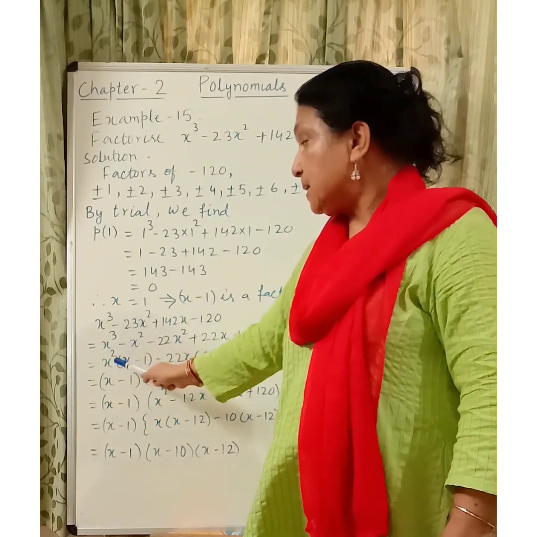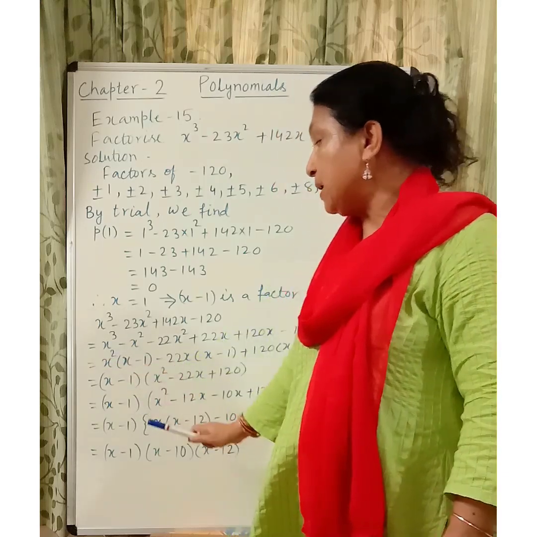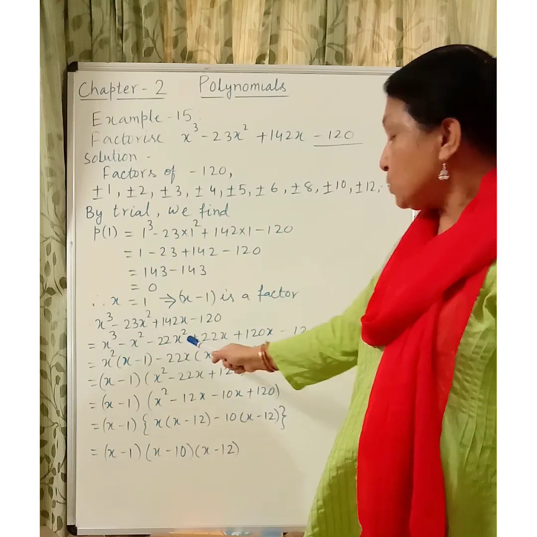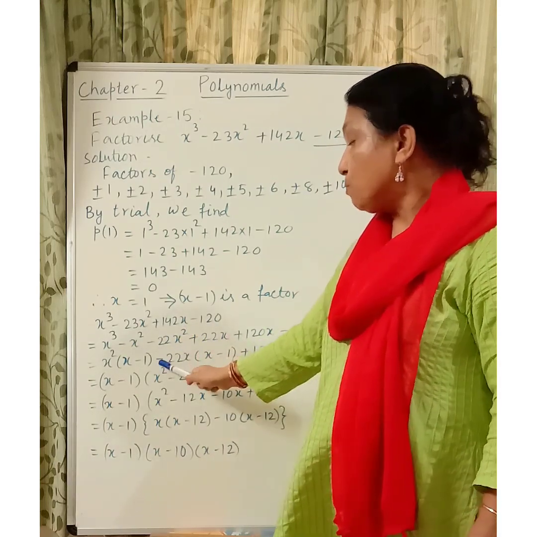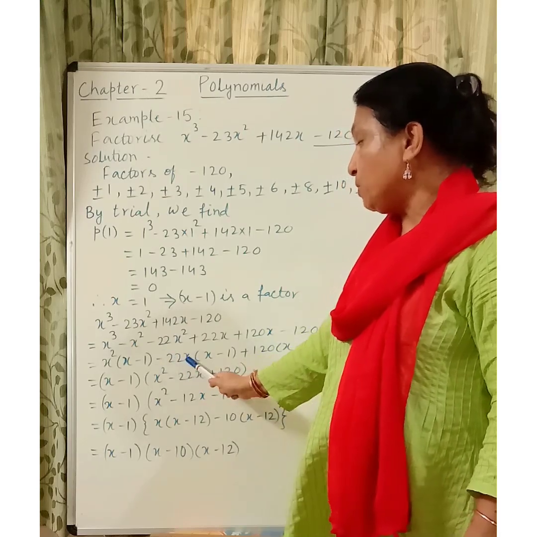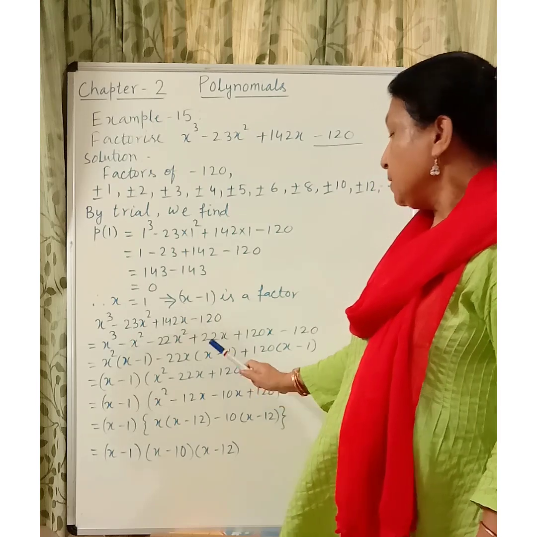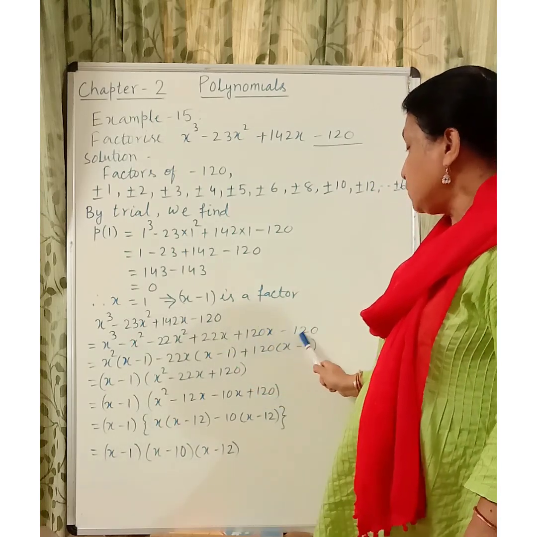So in the next step, from the first two terms we are taking x square as the common factor. So x square into x minus 1. Then the next two terms are minus 22x square plus 22x. So minus 22x will be the common factor. So what is left out? That is x minus 1. Then the last two terms, 120x minus 120.